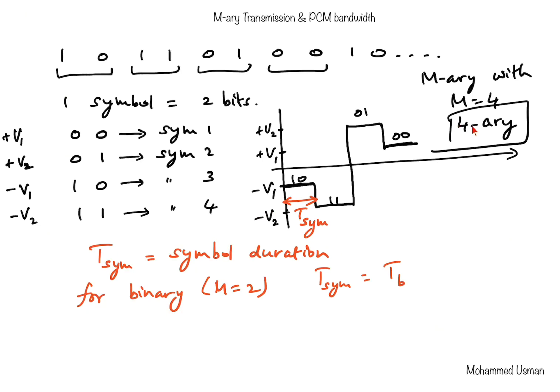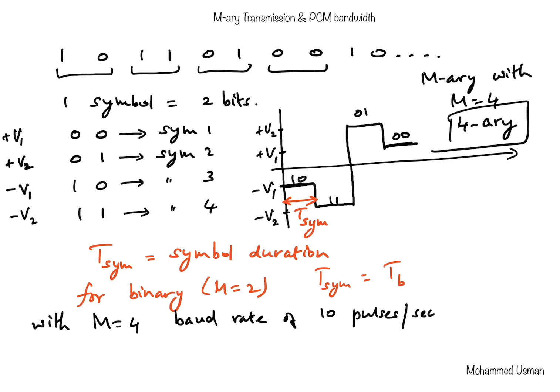Now with M equal to 4, if we transmit at the same baud rate, we are not changing the baud rate. So with M equal to 4, a baud rate of 10 pulses per second.